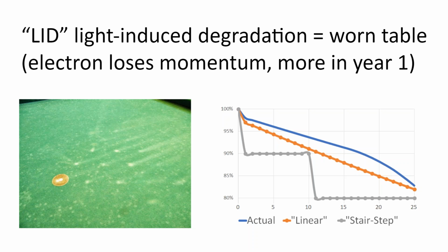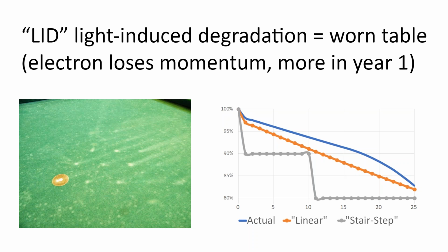Well, the electrons will etch little gutters into the silicon, and when they're careening around the cell, they'll fall into those gutters and lose a little bit of momentum. That's why a brand new solar array is going to have a little bit more punch than an aging one, because those gutters have not been etched into the cell yet. It's a perfect cell. It still has the new car smell.